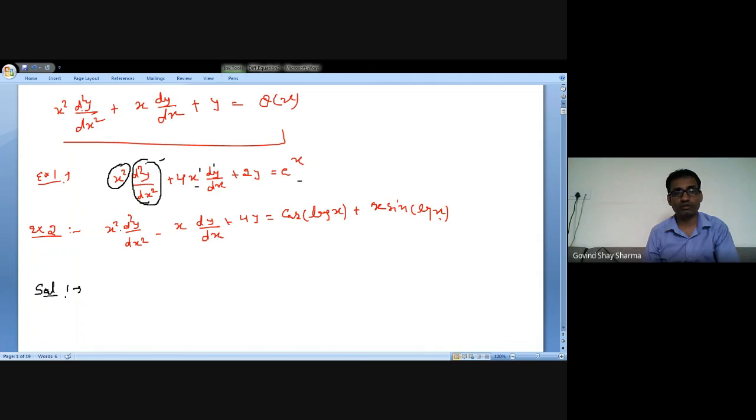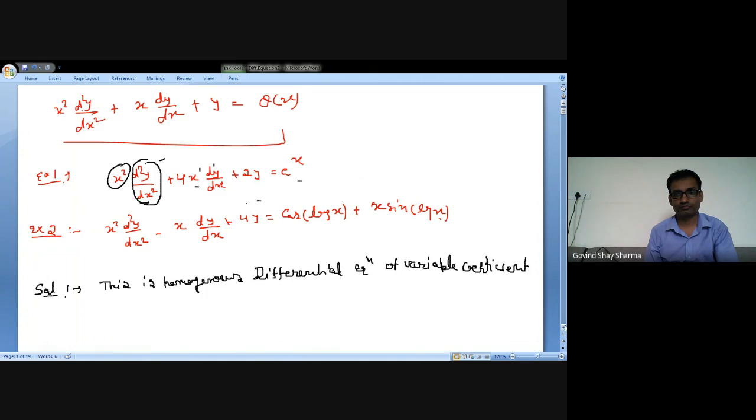So this is a homogeneous equation, a homogeneous differential equation, an equation of variable coefficient.